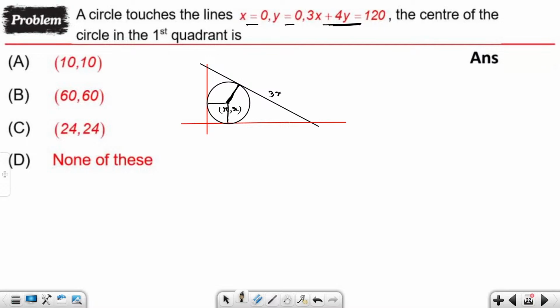Because 3x plus 4y equals 120 is basically the equation of the tangent to the circle. And if I draw the perpendicular from the origin to this tangent, it is going to intersect the circle at the point of contact. And this distance will be nothing but the radius of the circle.